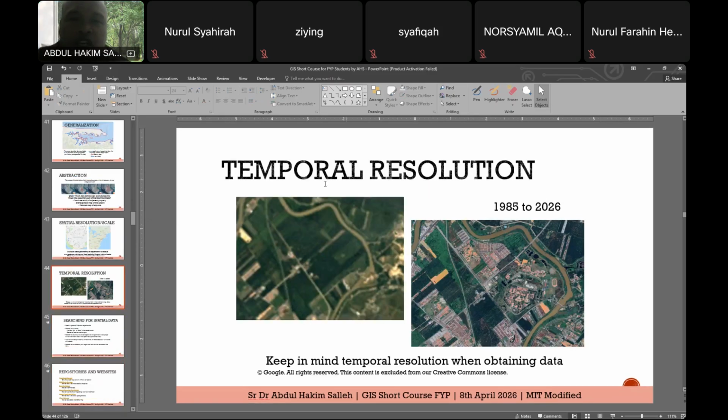Now, of course, you can obtain satellite imagery from open sources, from the 1980s, 1970s data. Okay, you can have it, and then you can do analysis using the temporal resolution technique.